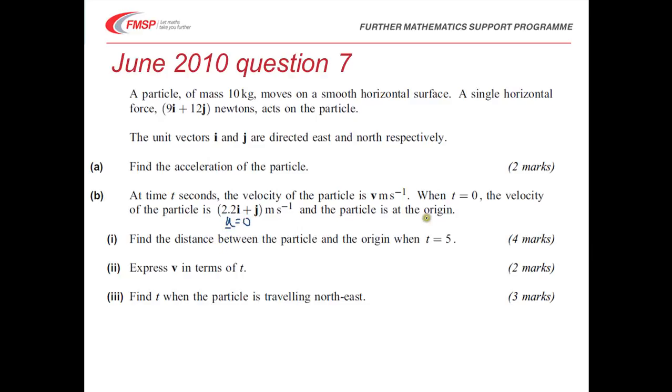And it's also telling us that it starts at the origin. So we've got three things to do. Firstly, we've got to find the distance between the particle and the origin when t equals 5. We've got to express v in terms of t, and lastly we've got to find t when the particle is travelling northeast.